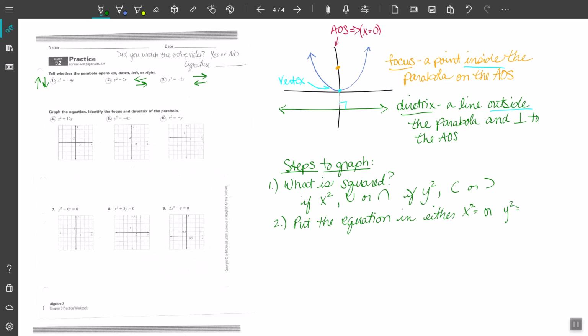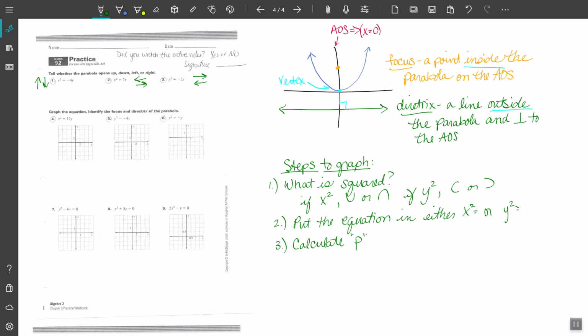Basically what we're trying to do in this step is isolate the term that is squared. And then we have to calculate something that we notate with the letter p. So we're going to calculate p, and I'll show you how to do that in a second.